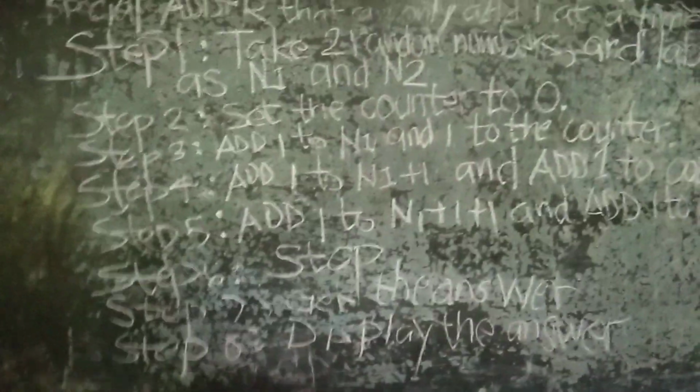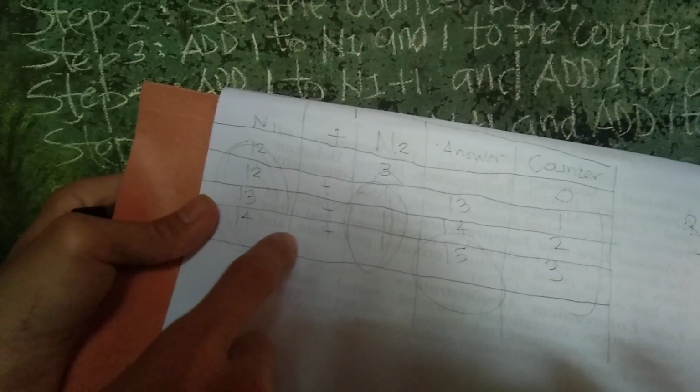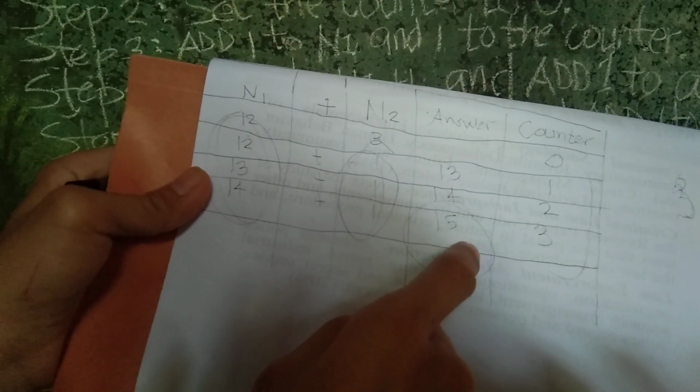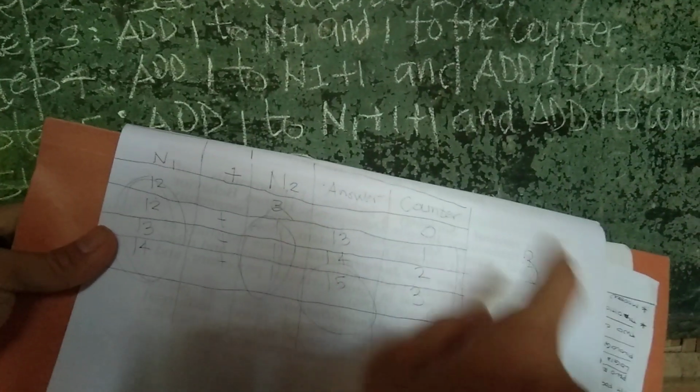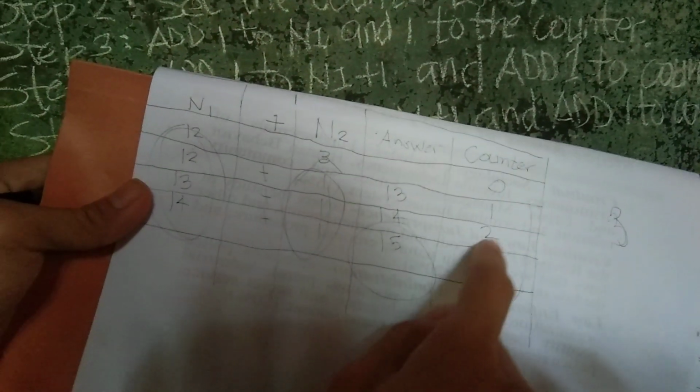Okay, now the fifth, add 1 to n1 plus 1 plus 1, which is 14. So we add 1 to that and it becomes 15, and we add 1 to counter plus 1 plus 1, which is 2. We add 1 to that and it would be 3.